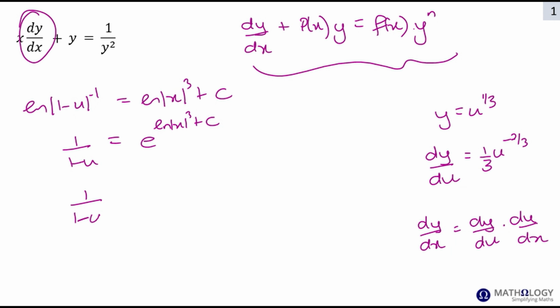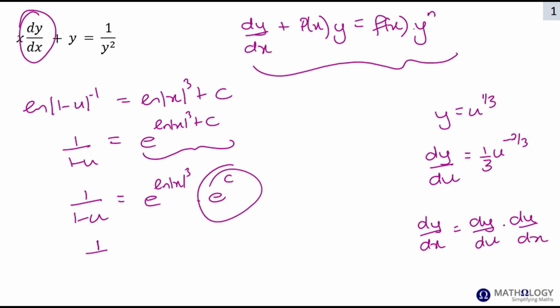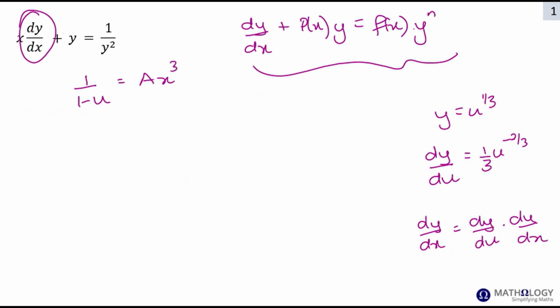I'm just going to split this expression up now into e to the ln x cubed times e to the c. E to the c is just another constant, so we'll call that a. So 1 over 1 minus u equals a times e to the ln x cubed, which will just be x cubed.